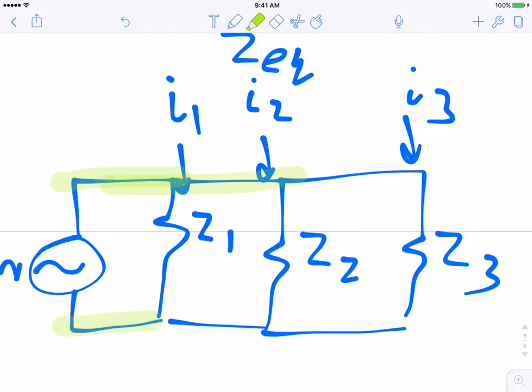Z2 is also connected to the same two terminals of the generator. They're wired in parallel, so there's nothing between them and the generator. The same thing with Z3. They're all connected directly to the generator, and that's why they all experience that same voltage.